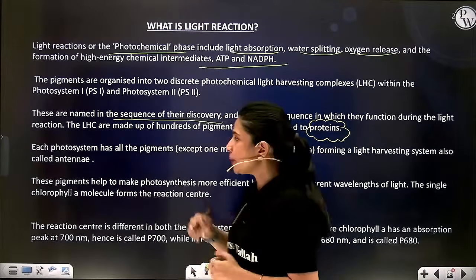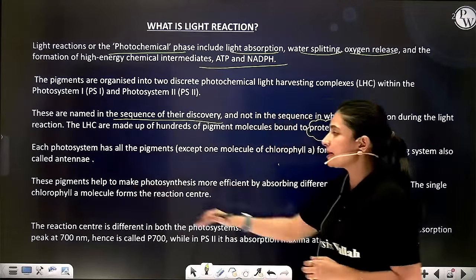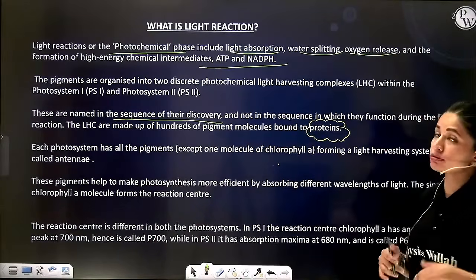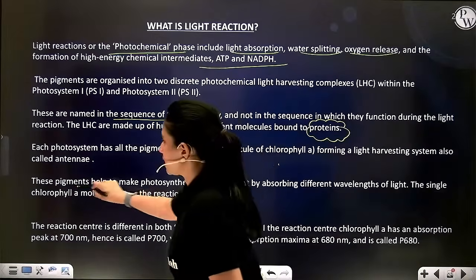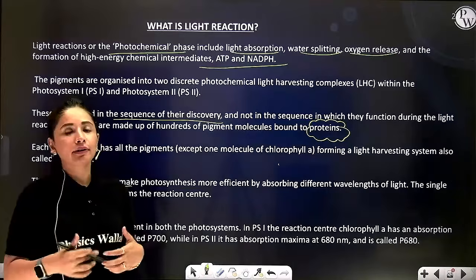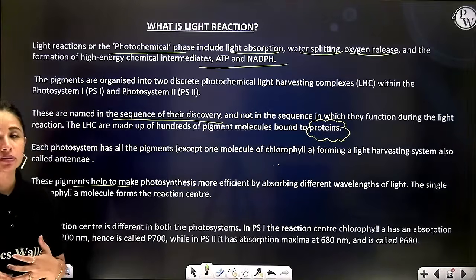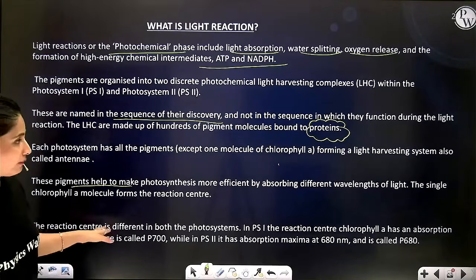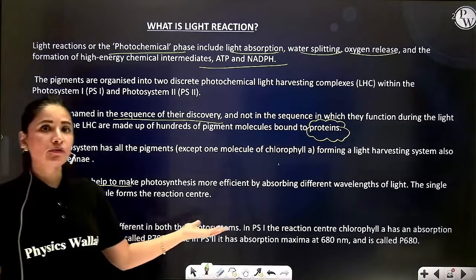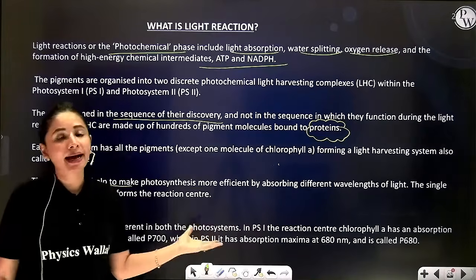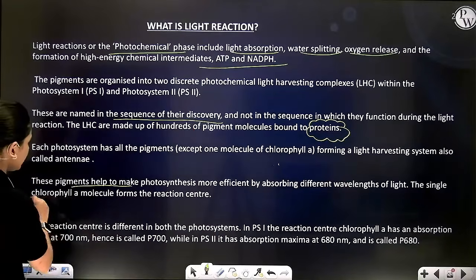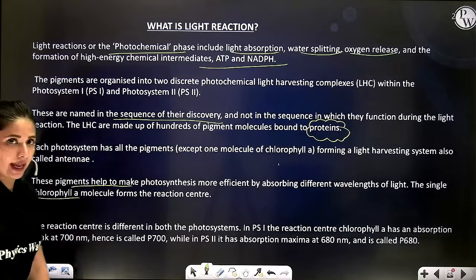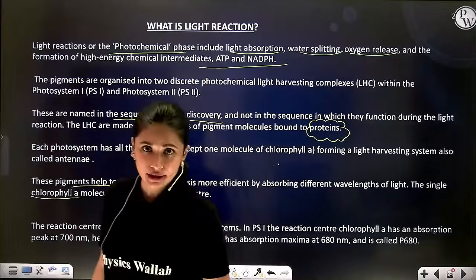Moving ahead. Now, these pigments help to make photosynthesis more efficient. I told you that the main role of accessory photosynthetic pigments is to increase the efficiency of photosynthesis by trapping light of different wavelengths, and all the different wavelengths of light trapped by the light harvesting complex are then transferred to the single reaction center chlorophyll A for further chemical reactions.